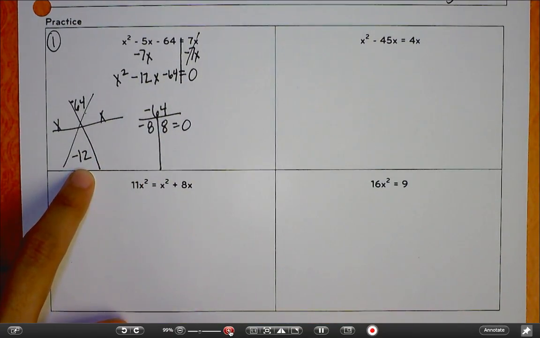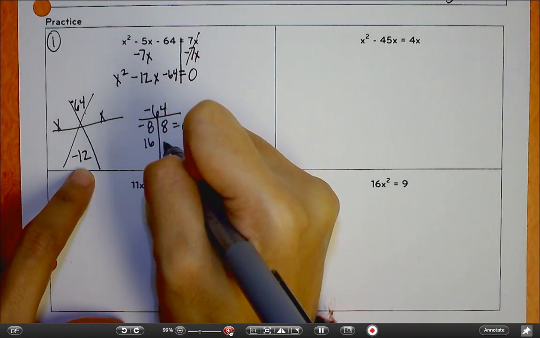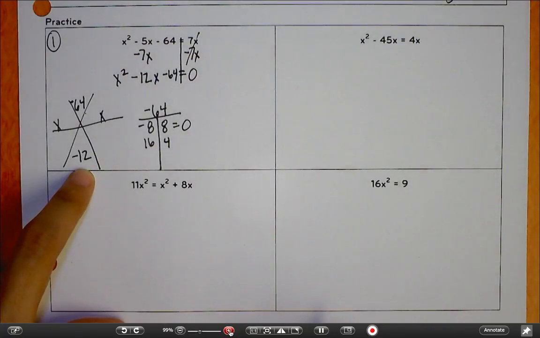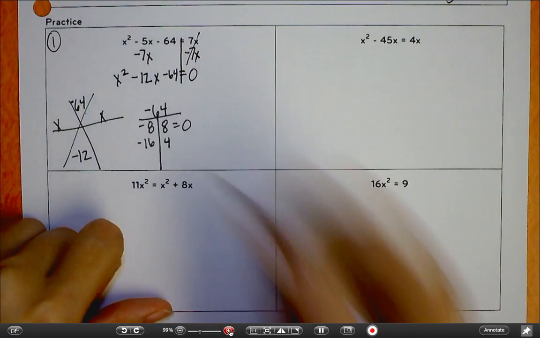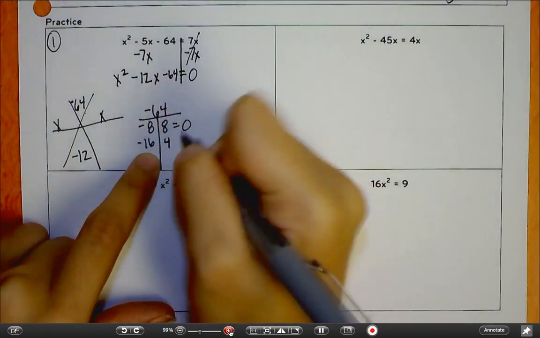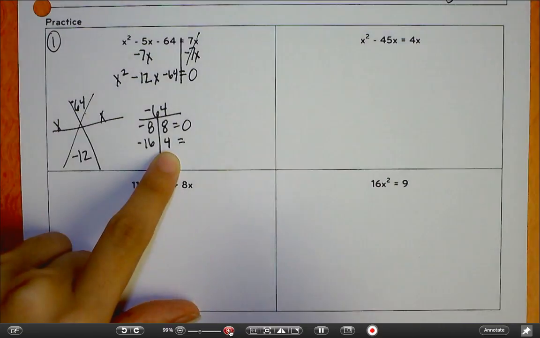2 other numbers, let's see, I know 16 times 4 is going to give me 64. One of them has to be negative. I can just put the negative on the 16. Negative 16 plus 4, use your calculator to help you out.